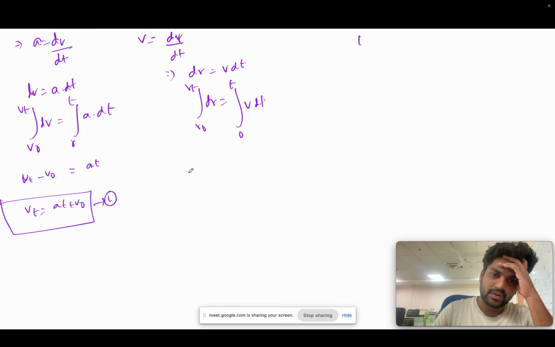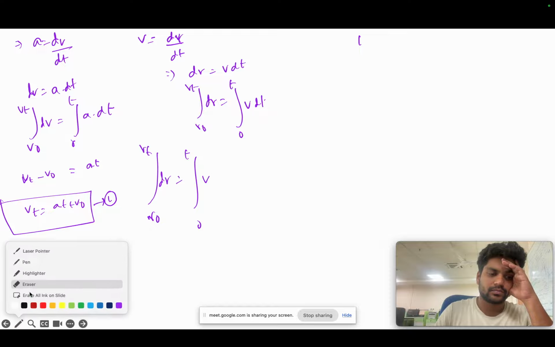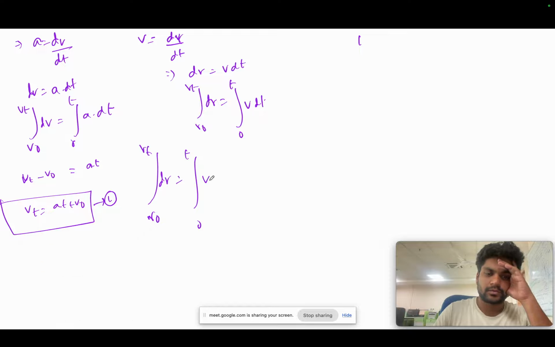Substituting v, we have the integral of dr from r0 to rt equals the integral from 0 to t of v0 dt plus at dt.